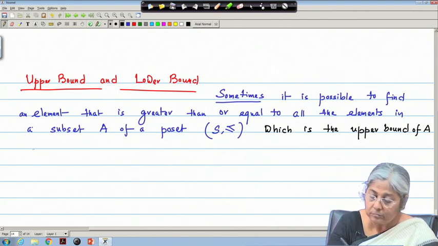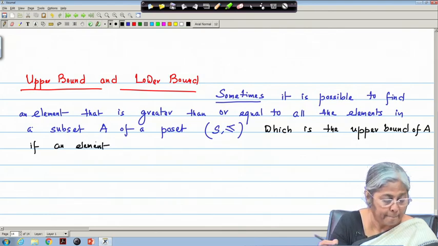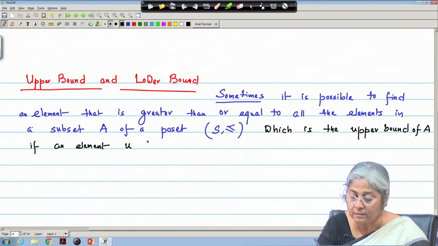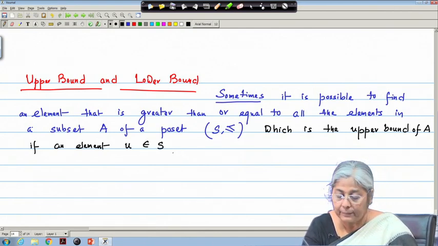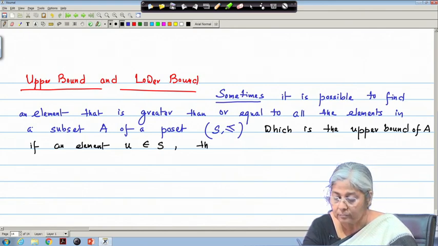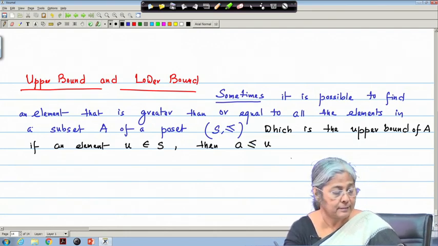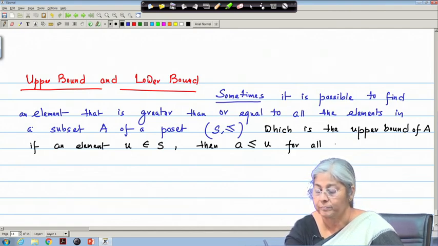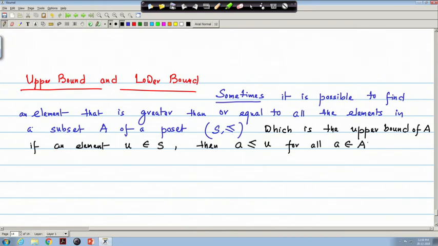So, if an element u belongs to S, then a is less than or equal to u for all a belonging to A, because we consider A as the subset of the poset, then u is called the upper bound.